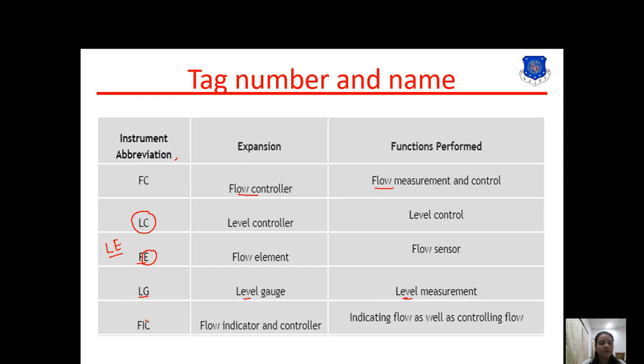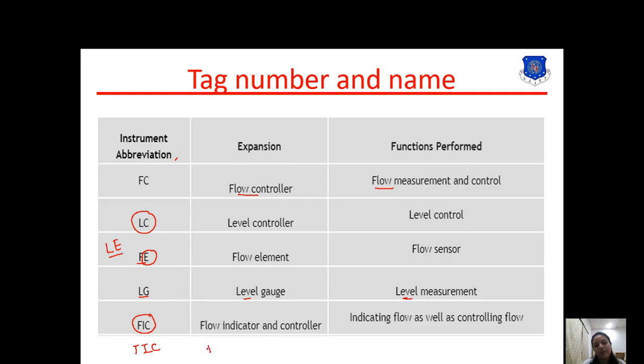If both functions are similarly measured, it is denoted with FIC. FIC means flow indicator and controller, and the function of FIC is indicating the flow as well as controlling the flow. Now the tag name is given like this, TIC.